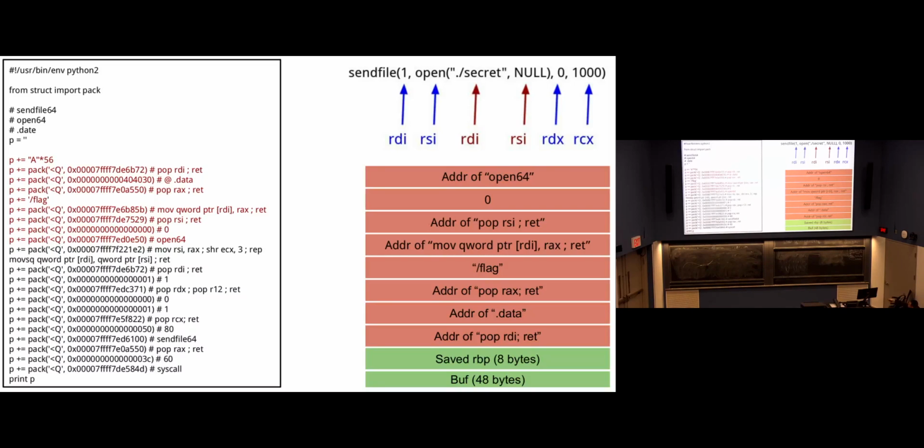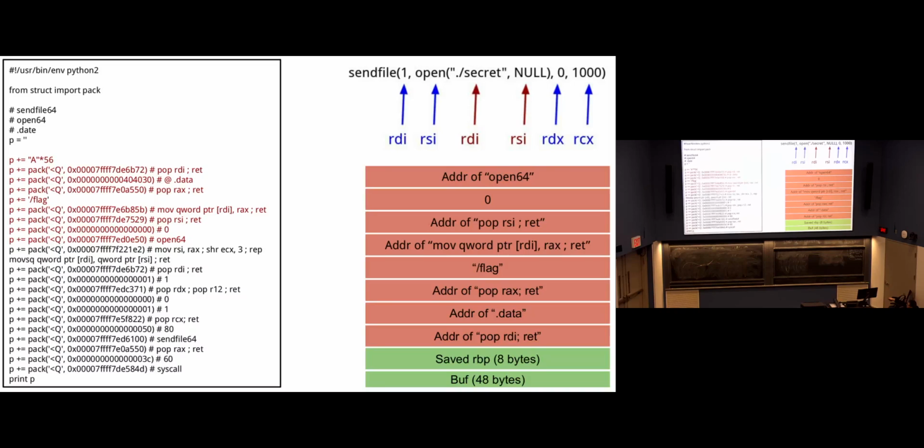Then we are going to find another gadget, which moves data from RAX to the memory location RDI. So basically, we are writing the string to the .data section. That's what those gadgets are for. If you put the string in an environment variable, you don't have to do that.